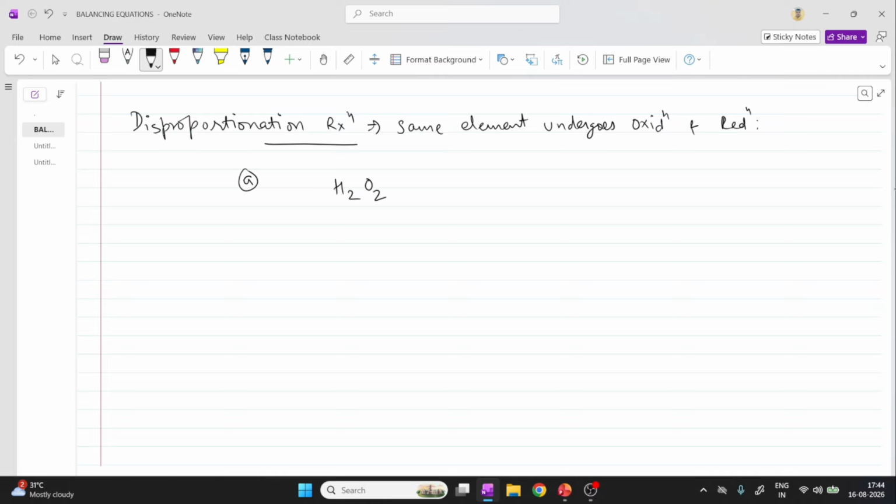So hydrogen peroxide decomposes and gives H2O and O2. Balancing can be done, but that is not important. In H2O2, this is a peroxide, so oxygen is having minus 1 oxidation state. In H2O, oxygen is having minus 2. Now this is molecular oxygen, so it is 0 oxidation state.